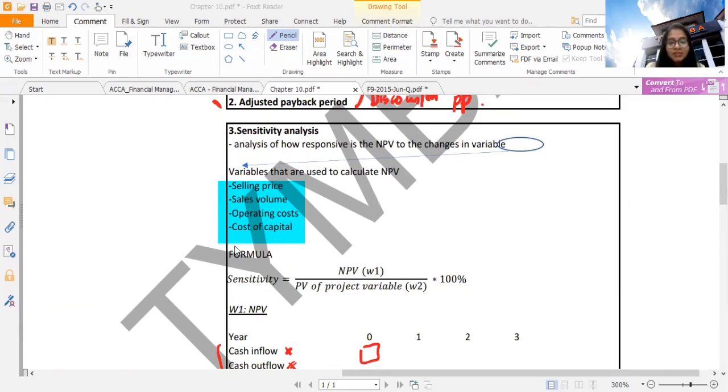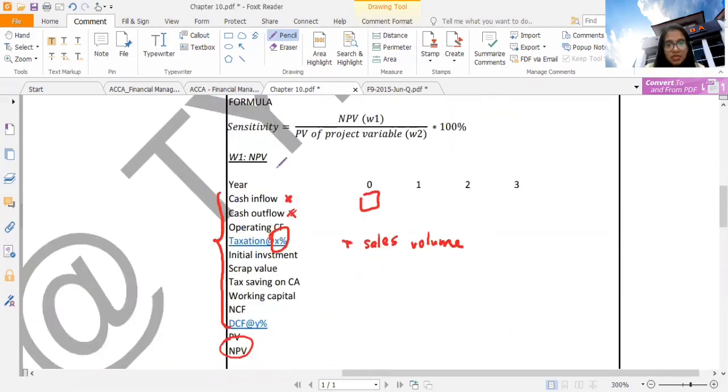So when I say present value of cash flows, what is it? That means it's the total present value of whatever cash flow is required to be calculated by you. All right. Now, when you look at my formula here, I've given you NPV over PV of project variable. So NPV, the working number one, is what we have been doing. It's a normal NPV calculation.